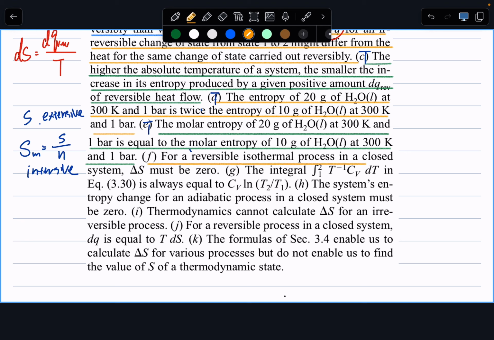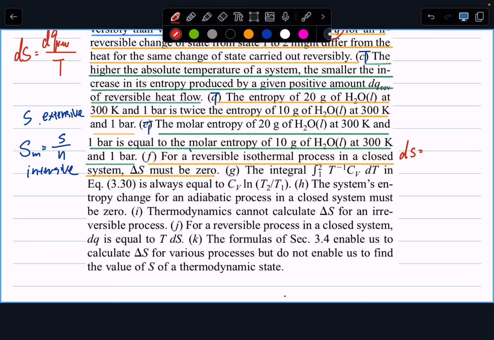Next one. For a reversible isothermal process in a closed system, delta S must be 0. So what do we know about a reversible isothermal process?